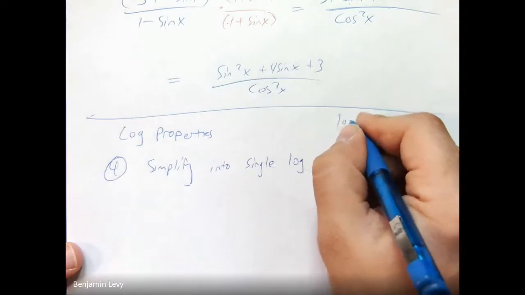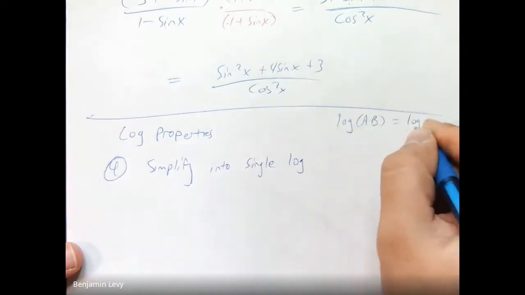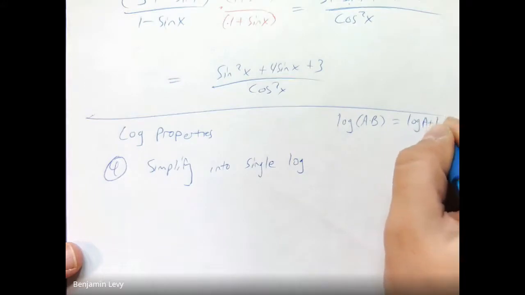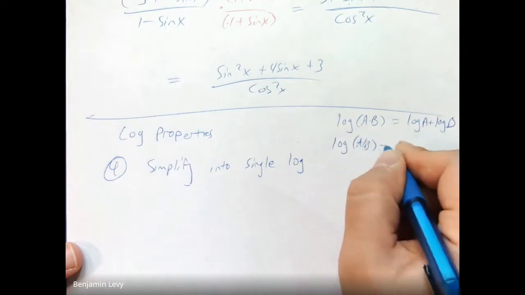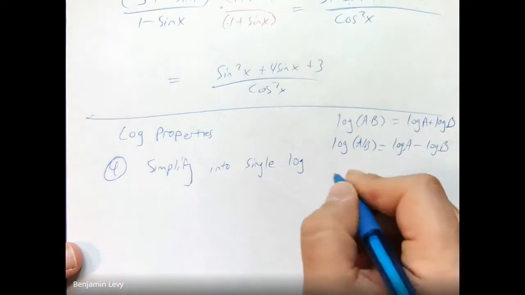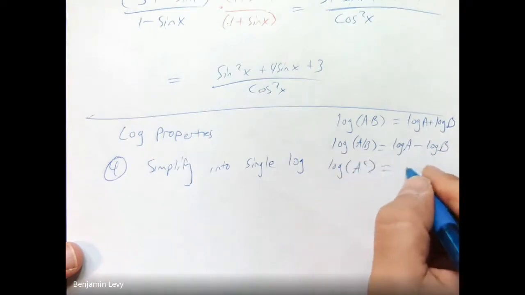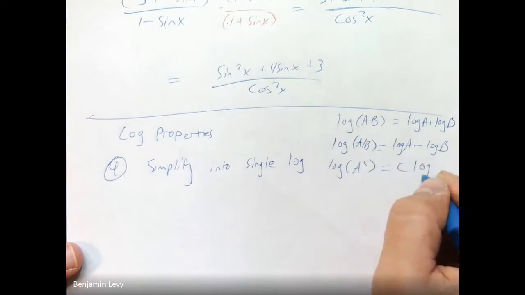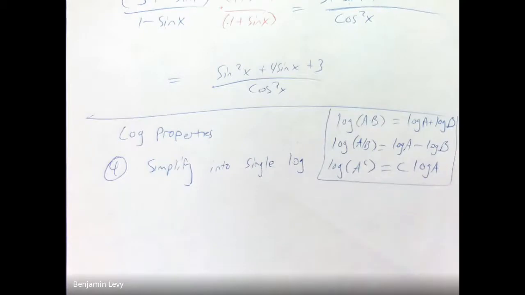So we know that log of two things multiplied, you can split up into them being added. We know that if you have things that are being divided, you can split them up and subtract. And we know that if you have something raised to a power inside a log, you can take the power and bring it outside.